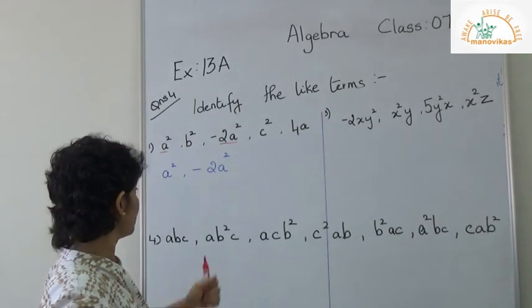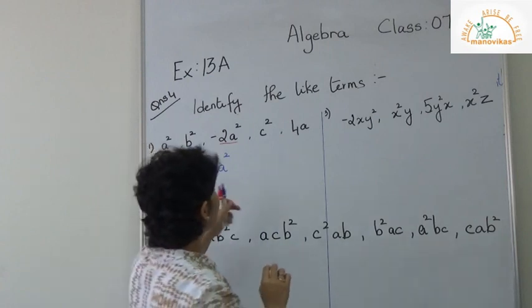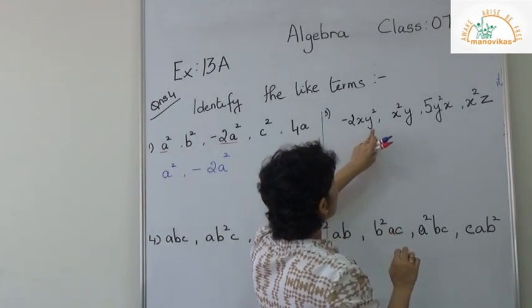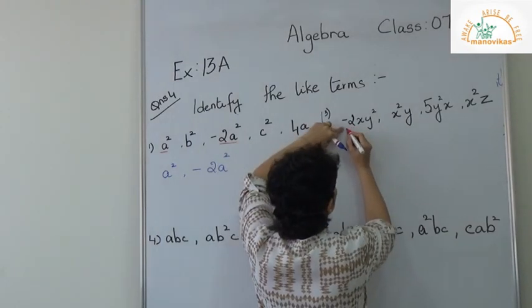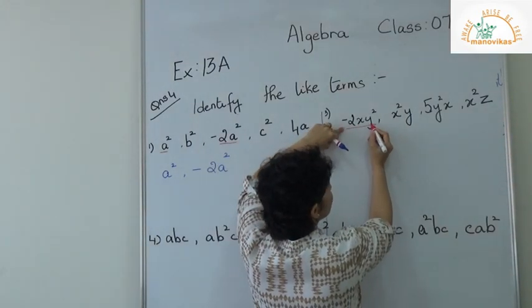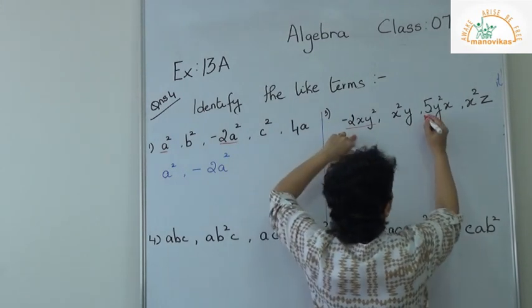Then, let's move on to the third sum. Now here children, be careful. If I see minus 2xy squared, then where do I have here again x and y squared?